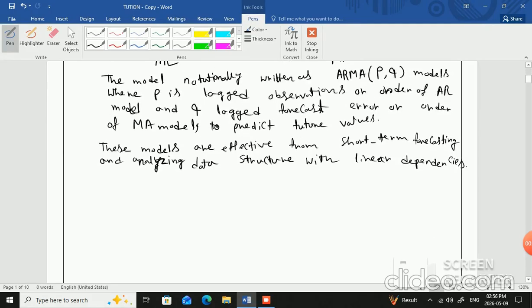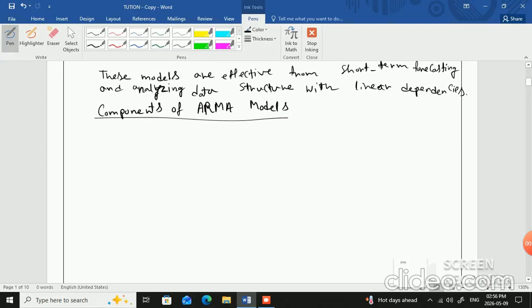Now we discuss the components of the ARMA model. First is the autoregressive AR part.